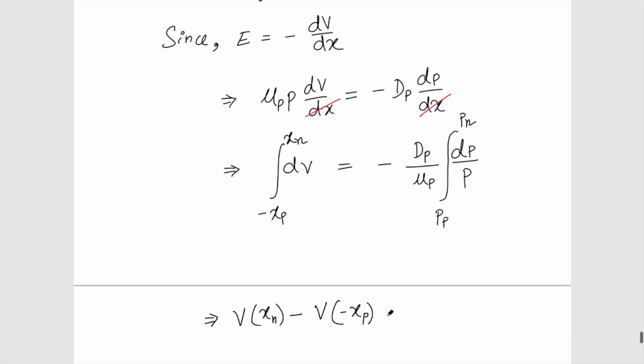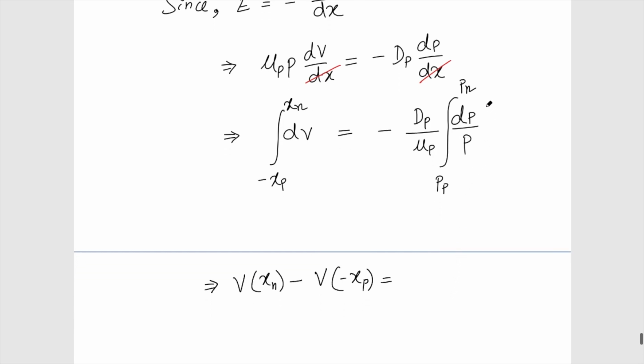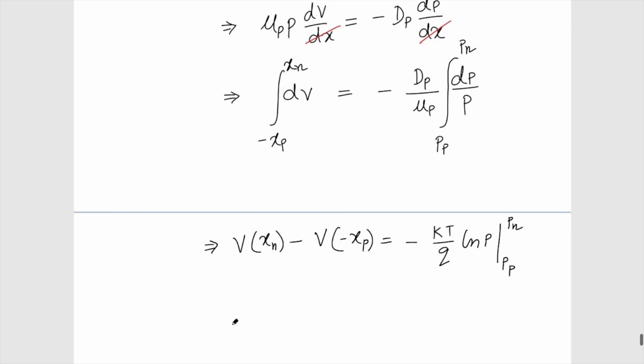minus xp is equal to, so we know that the integration of this term is ln. And this is kT by q, so minus kT by q, and this is ln p. So if I just rearrange it, what I'll get is, and of course this difference is nothing but the V0 that we are trying to find out, the barrier potential.